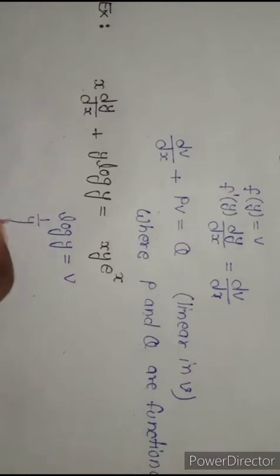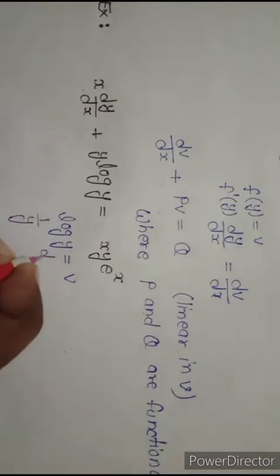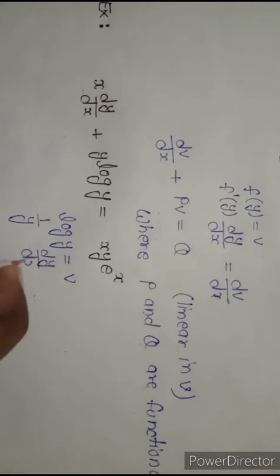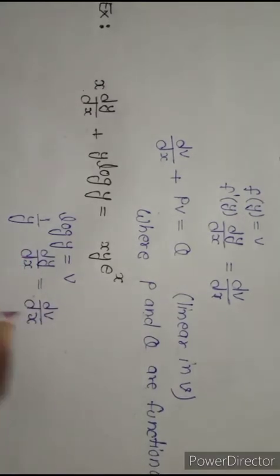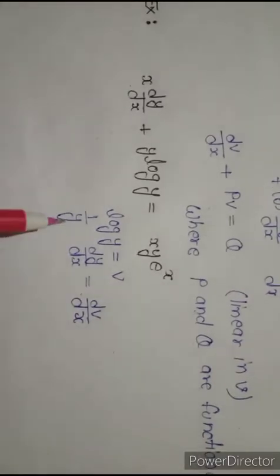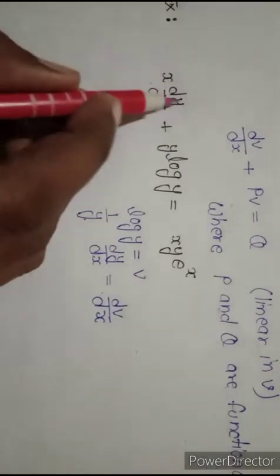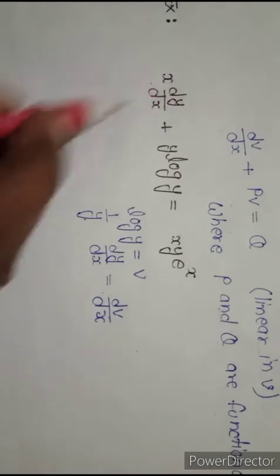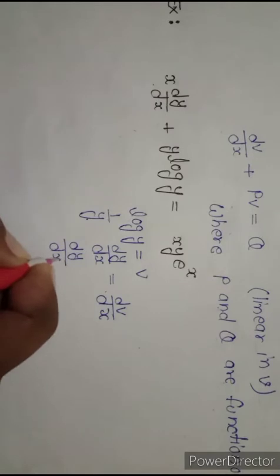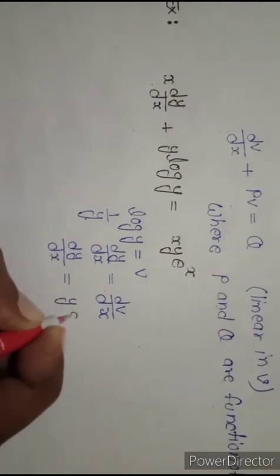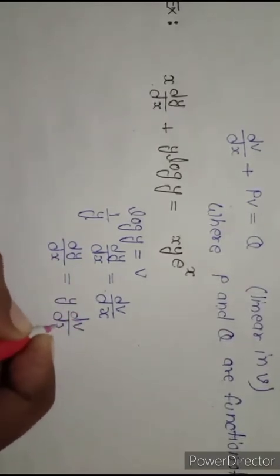So (1/y) dy/dx is equal to dv/dx. Then if I want to find the value of dy/dx, it will be y dv/dx. Let's put it into the given equation.